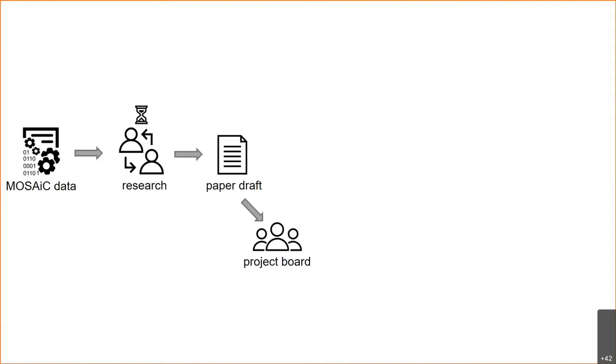In the case of the MOSAIC project, this paper draft should be submitted to the project board, where maybe some pending authorship issues might be resolved. And it's also checked whether this paper draft contains proper project attribution and data attribution.